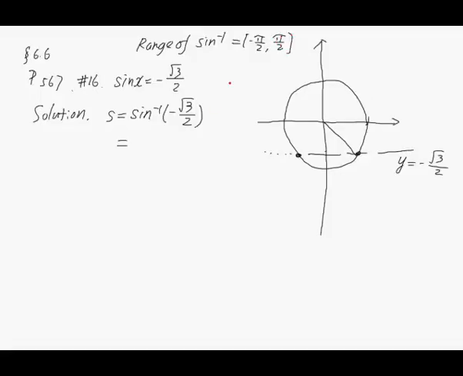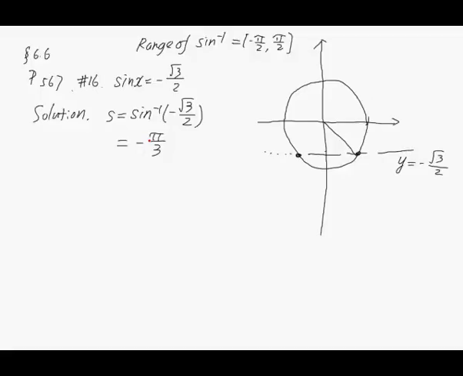And then what is this angle? Pi over what? Pi over 3, but it's negative, right? It's negative pi over 3.